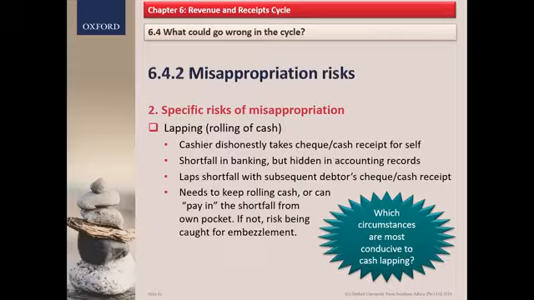You always do that all the time, taking from other debtors to cover up the monies you have actually taken in cash, until you get caught. That is called lapping or rolling of cash. You do this until you are caught, or until you are not at work. In fact, you catch people mostly when they are not at work, when they are on leave, sick leave, and so on.